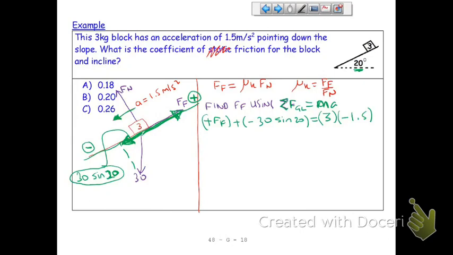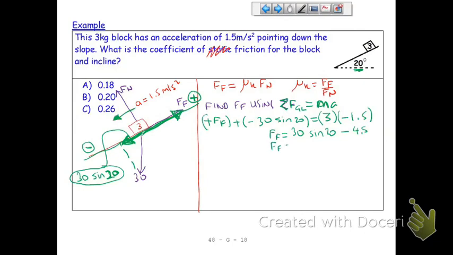Can you see how, without a diagram, you're done on this? Just forget it. No point. Because you won't get the signs. So then we say, okay, Ff is equal to 30 sine 20 minus, I think that's 4.5.